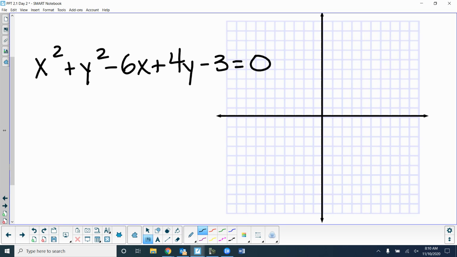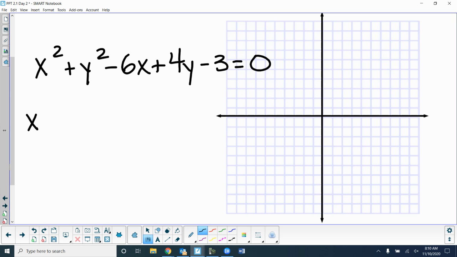And they're going to ask you, find the center and radius for this circle. And again, you know it's a circle because it's got an x squared and a y squared in it. Okay? But we just have to rearrange some stuff so we can do this. All right? So here's what we do.